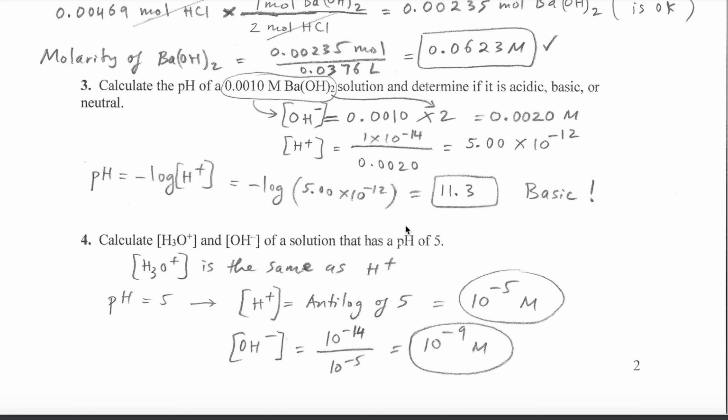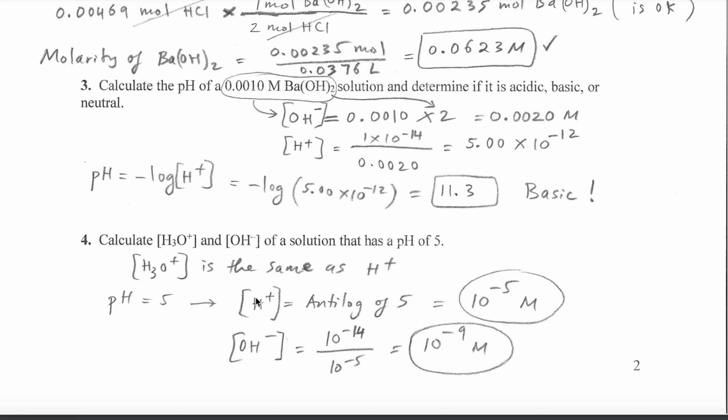So if you're given pH and you want to find H plus, anti-log means 10 to the power. And remember, it's always 10 to the minus pH. Anti-log of minus 5. Remember, minus 5, not 5, minus pH.